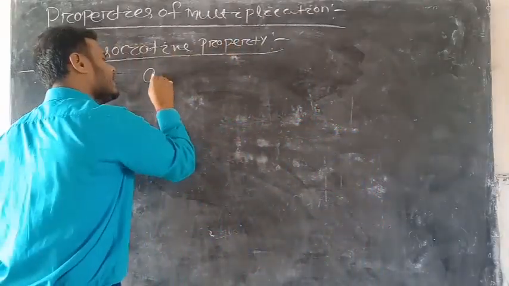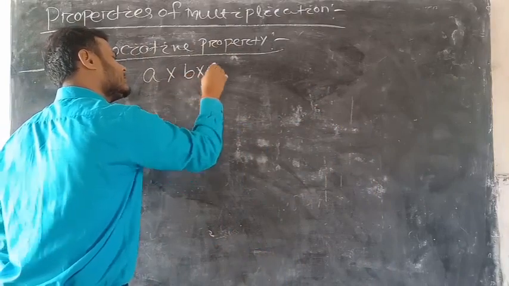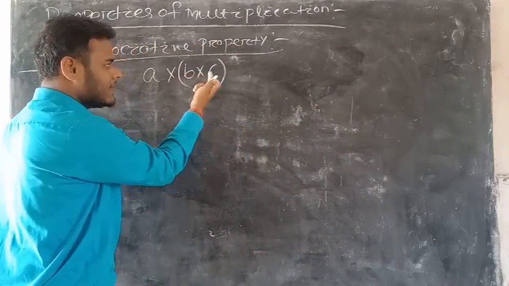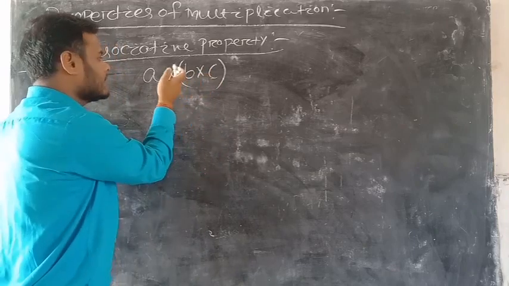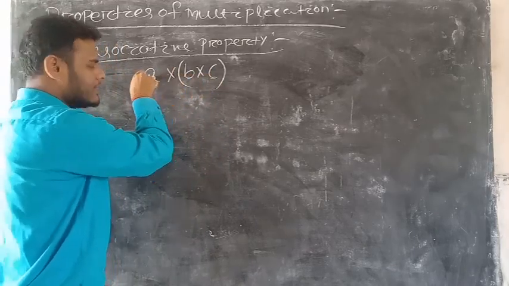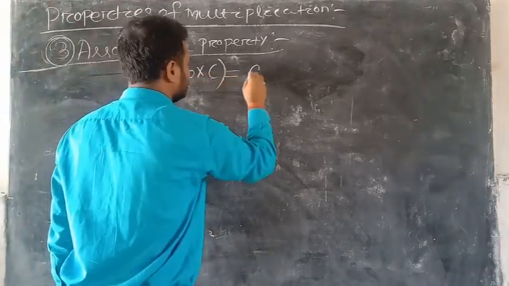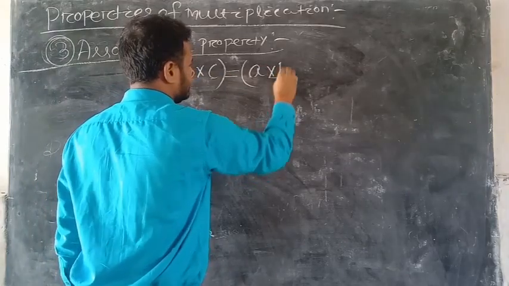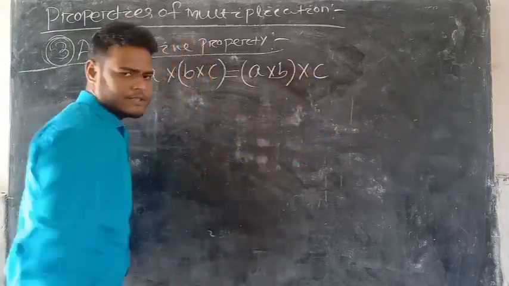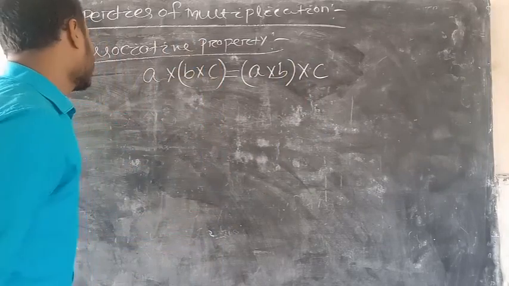Suppose a into b into c. If I pair b and c together and then multiply with a, the result will be the same as pairing a into b first and then multiplying with c. Suppose we take an example.